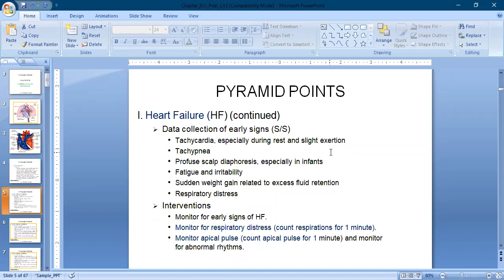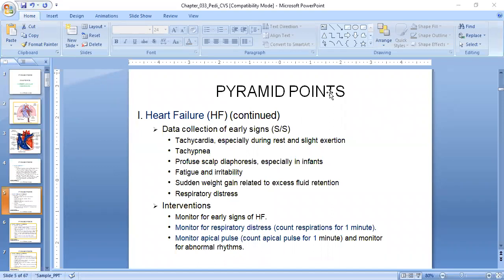Also, if your patient develops heart failure, we will get systemic congestion. When a patient develops systemic congestion, we will get symptoms like peripheral edema or ascites, hepatomegaly, neck vein distension, right?